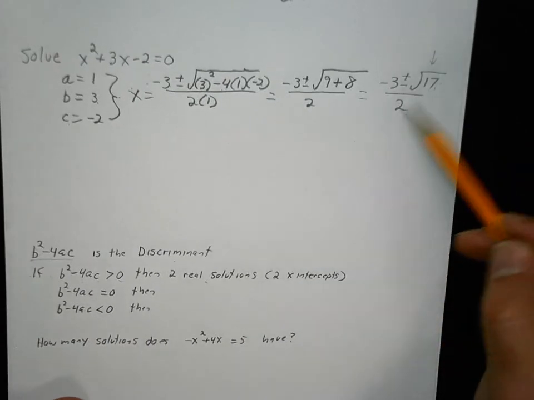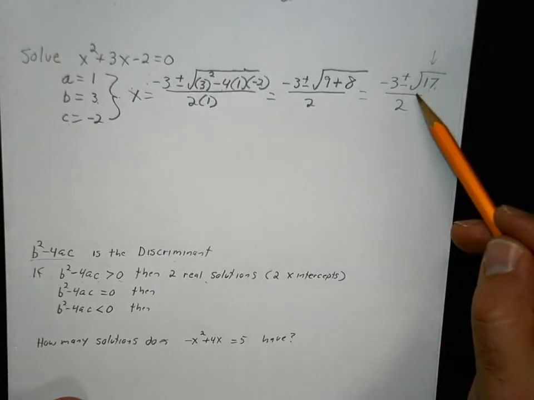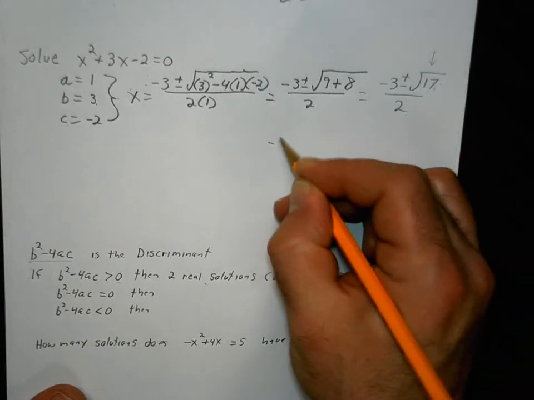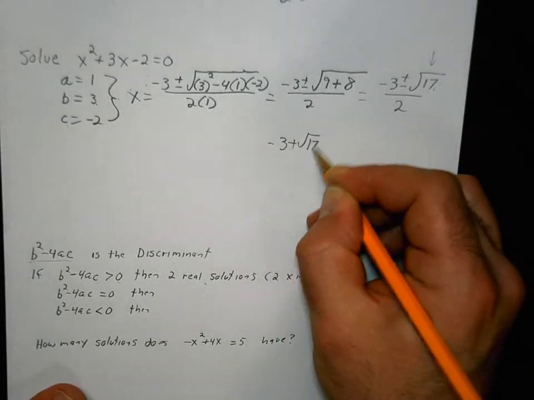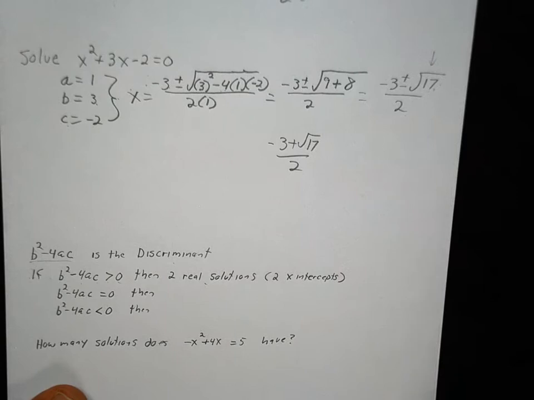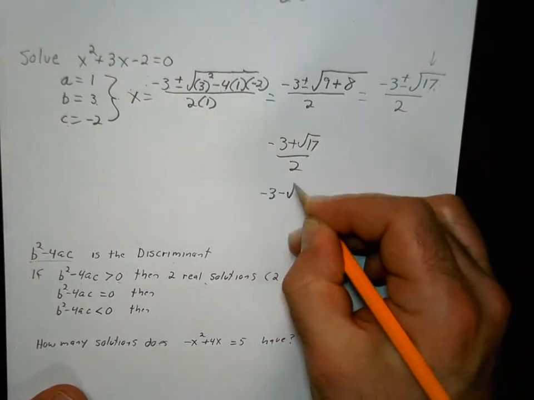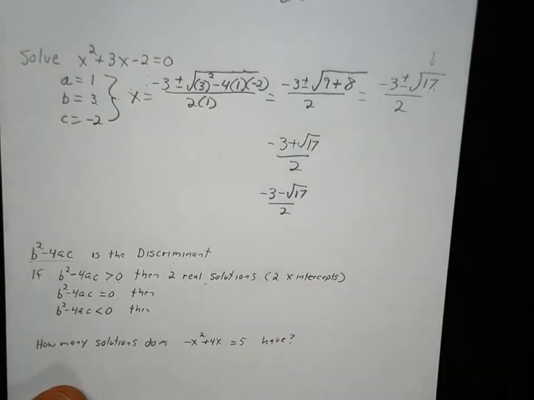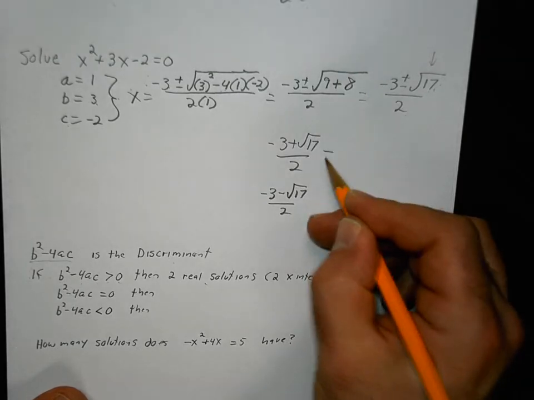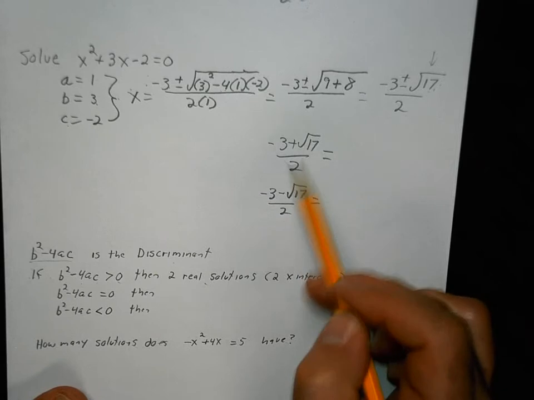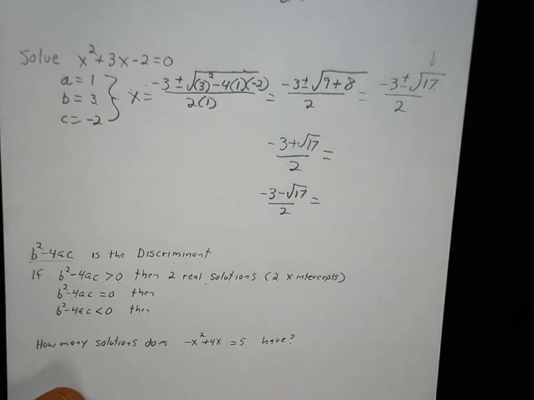This result up here is actually two answers. It's -3 plus the square root of 17 over 2, that's one answer, and -3 minus the square root of 17 over 2, that's the other answer. I could actually figure out what that value is if I wanted to, again, if I wanted to use a calculator.